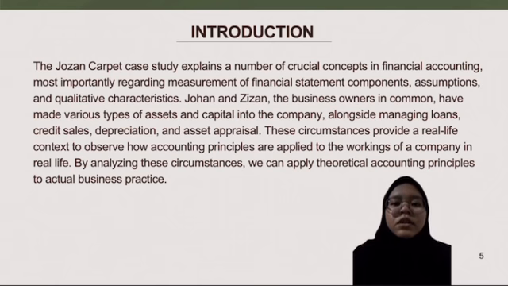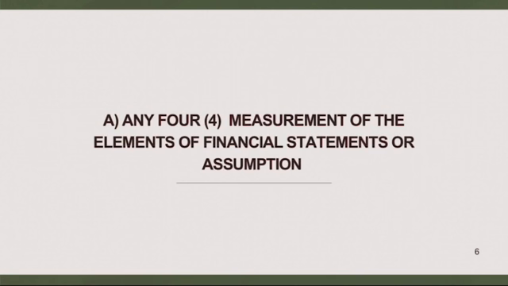This circumstance provides a real-life context to observe how accounting principles are applied to the working of a company in real life. By analyzing this circumstance, we can apply theoretical accounting principles to actual business practice.